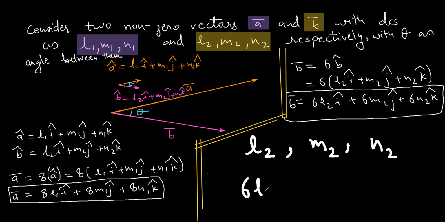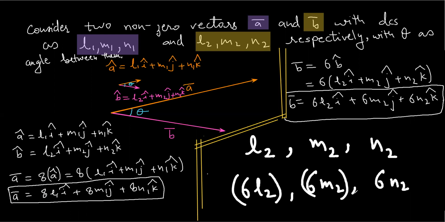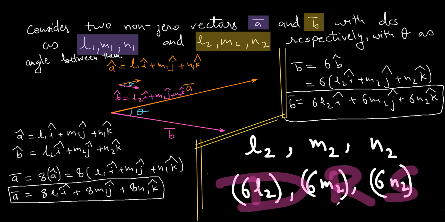So I multiply 6L2, 6M2, and 6N2. When you get these three numbers, they are proportional to the earlier three numbers. So what do these three numbers become, my dear students? They become the DRS. These three numbers are DRS of B bar.